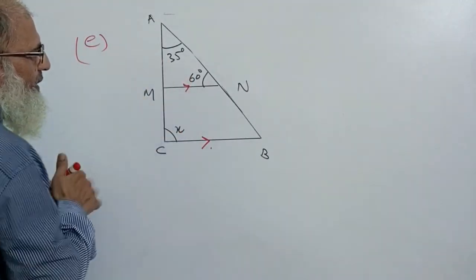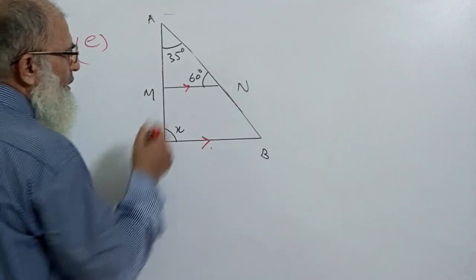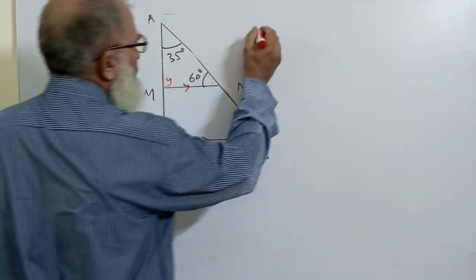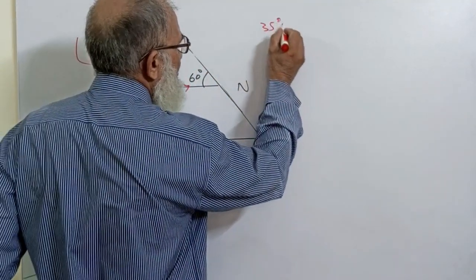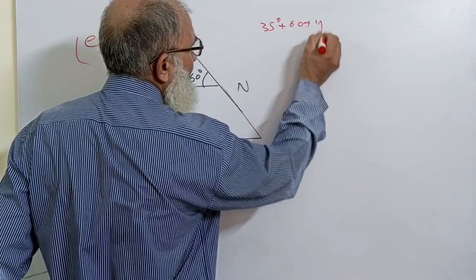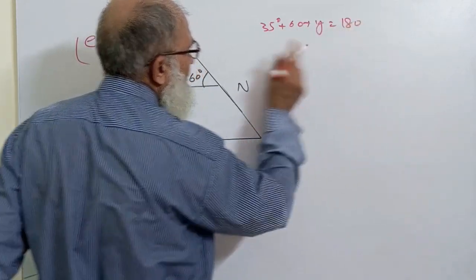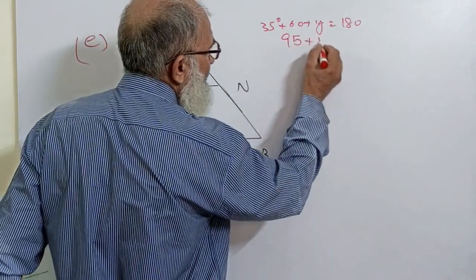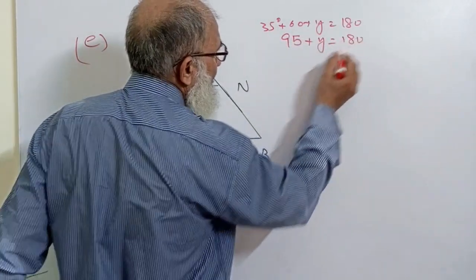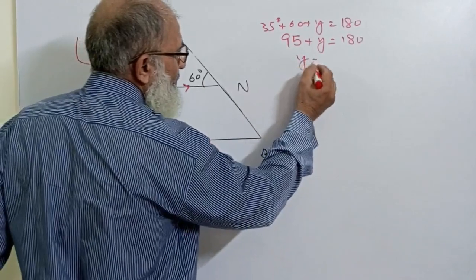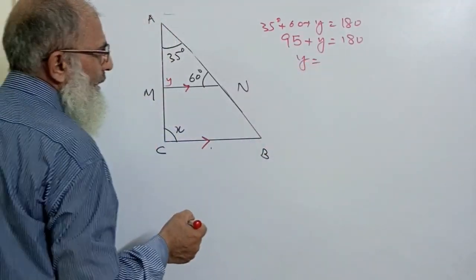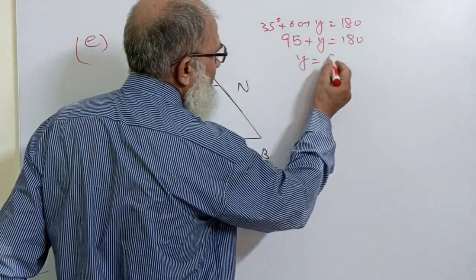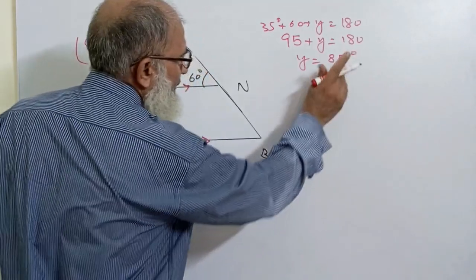So we'll find this angle instead of finding this angle first. So let it be named y. So 35 plus 60 plus y is equal to 180 degree. So it will become 95. 95 plus y is equal to 180, and y will become 85 degree.